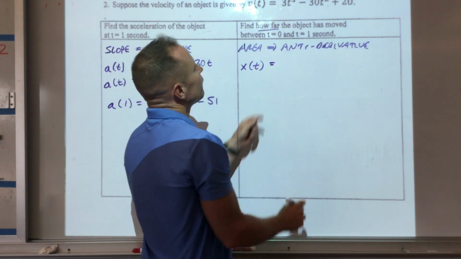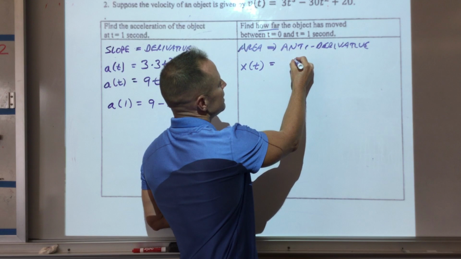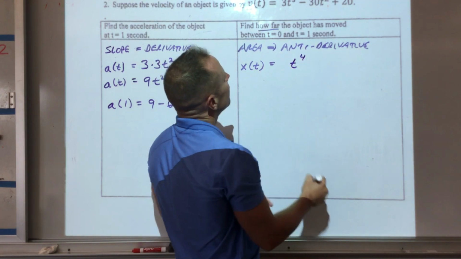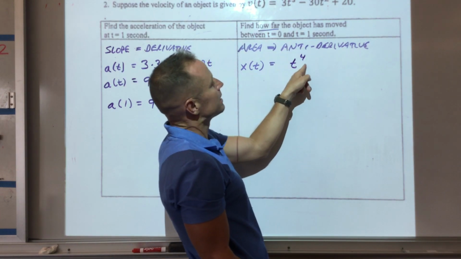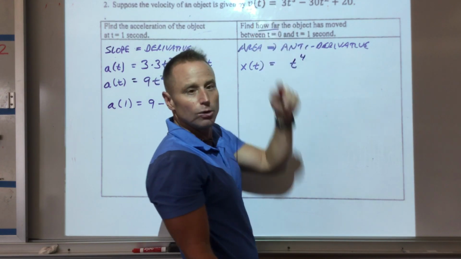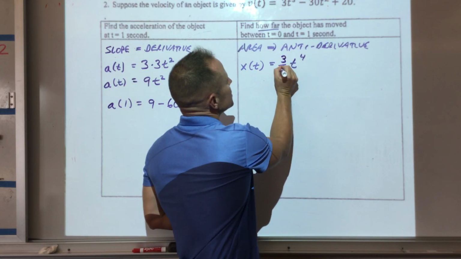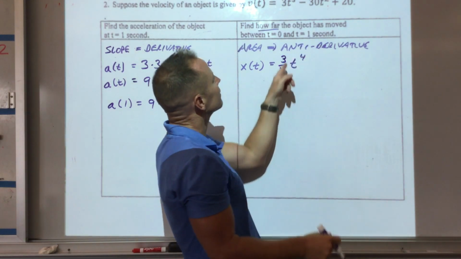So let's do what we did before. If this goes like t cubed, the antiderivative has got to go like t to the 4th. But when we take the derivative, we would get 4t cubed, which isn't what we want. So we need to fix this by putting a 3/4 in the front. So now bring the 4 down, you get a 3.